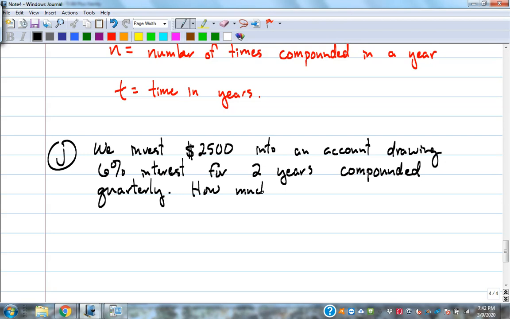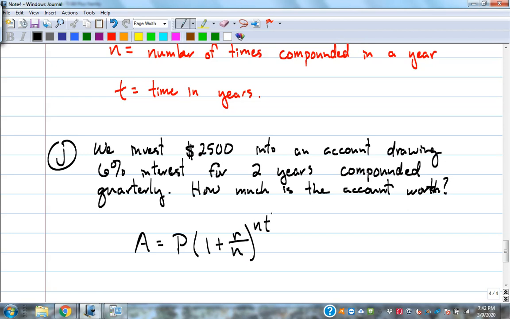How much is the account worth? Okay, so again, we're asking how much that is going to work out to be. So we're going to plug in principal, rate, compounded n times per year.